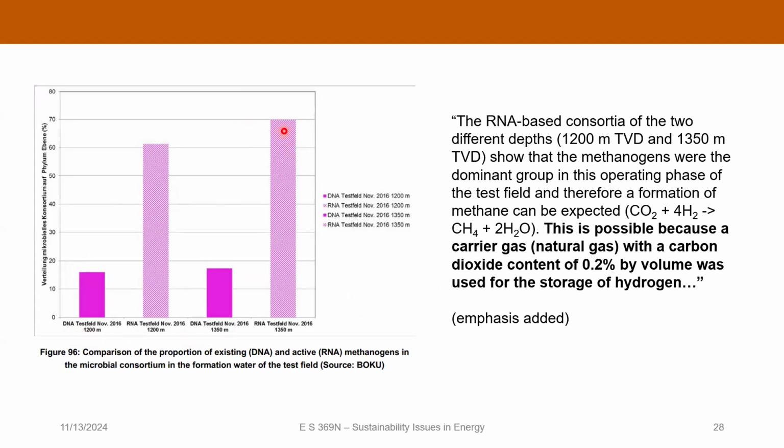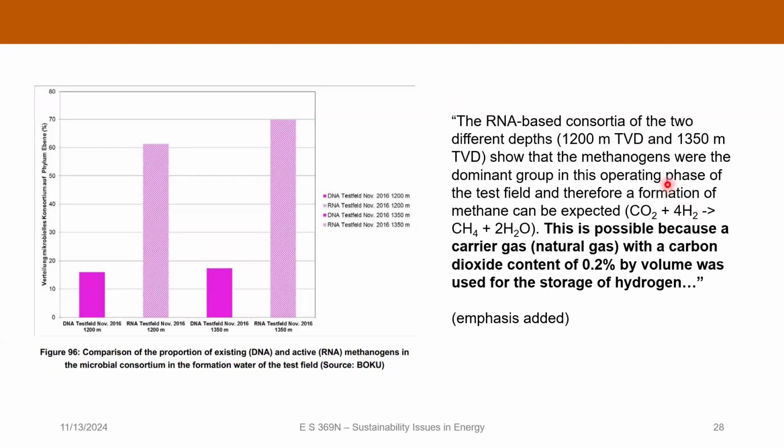RNA in particular is important because that tells you something about how much microbial activity is down there. The DNA just tells you that there are microbes, but the amount of RNA tells you whether or not they are active. And they specifically tested for methanogens, and they found that they had significant activity of methanogens in the reservoir.